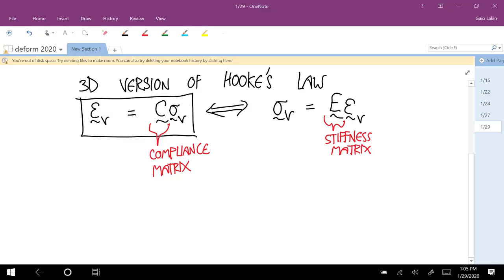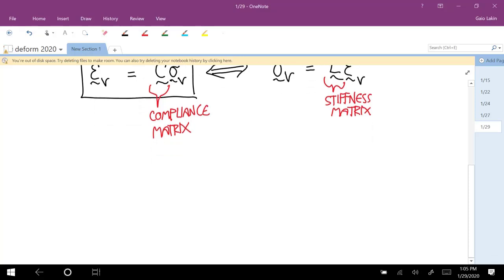Okay, so what's the matrix shape of the compliance or the stiffness matrix? I'm going to do the compliance. Well, I think I've written this before, but let me just get this down here again, where the stiffness matrix is the compliance matrix inverse and vice versa.